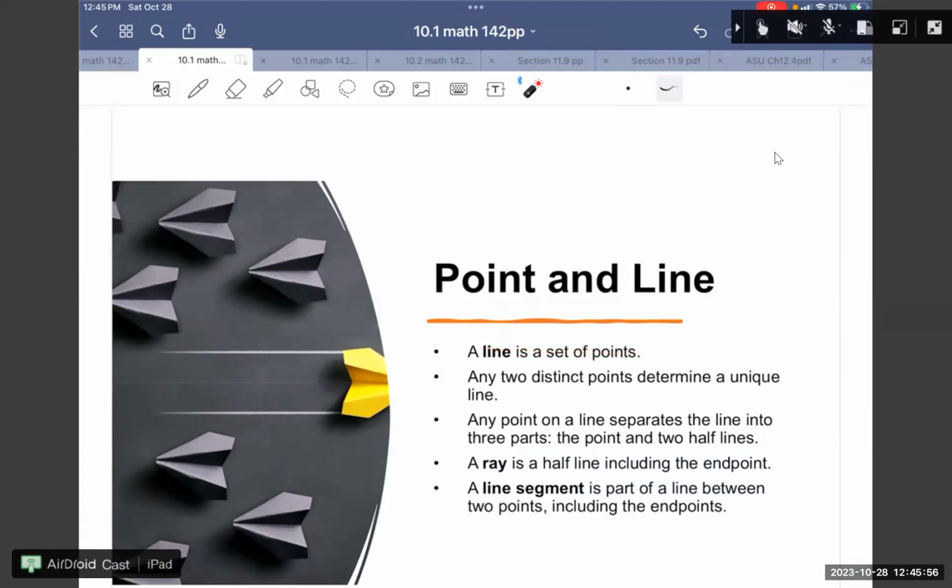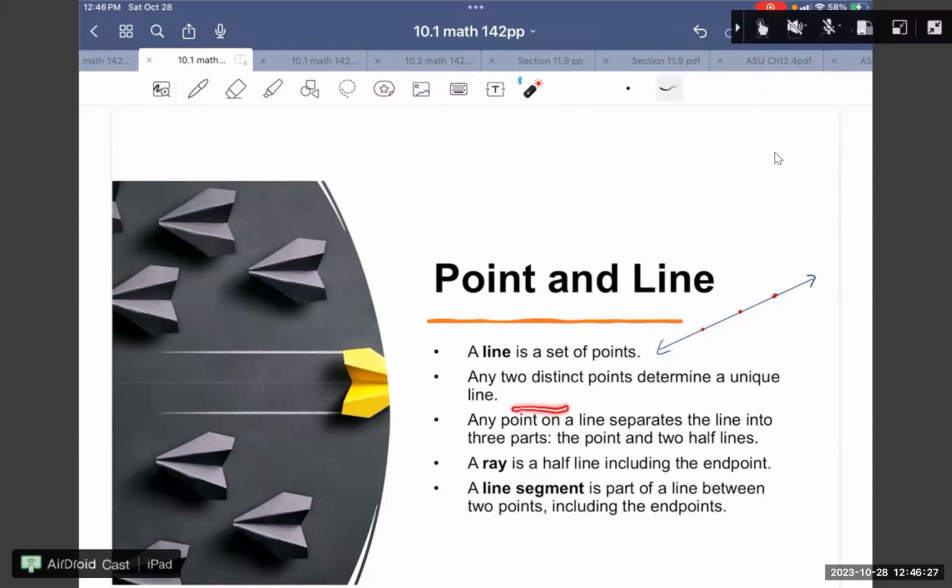So for example, we have this, that is the line, and we have all the points on the set. Any two distinct points determine a unique line. So for example, we have this point, or this point, or this point. That is the unique line.